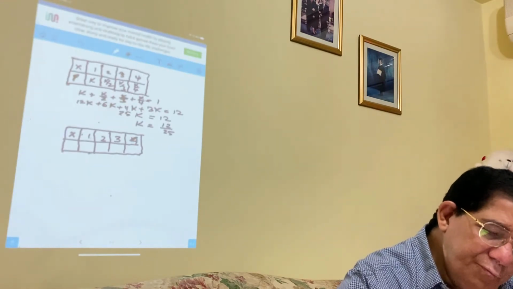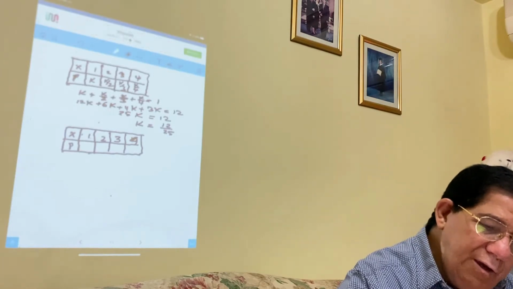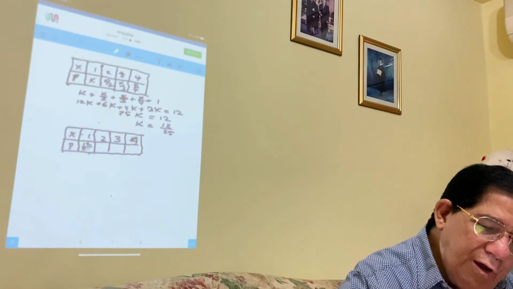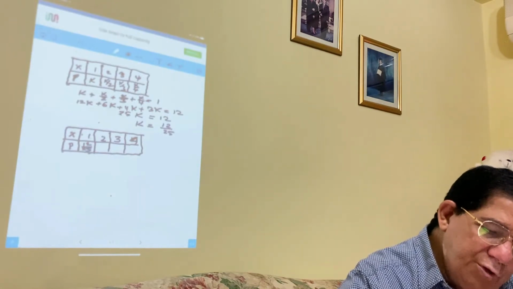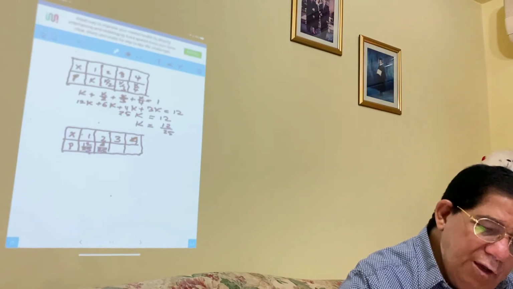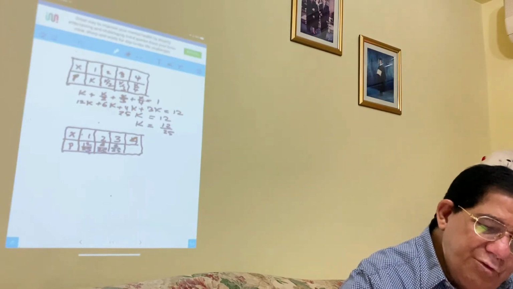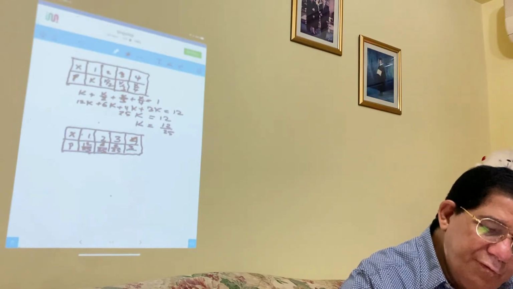Probabilities: k, 12 over 25. k over 2 gives us 6 over 25. k over 3 gives us 4 over 25. And 3 over 25.